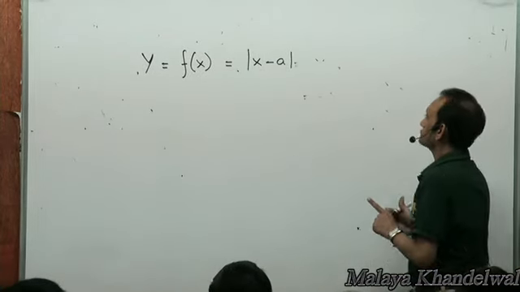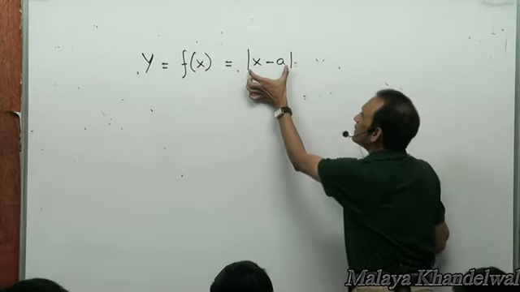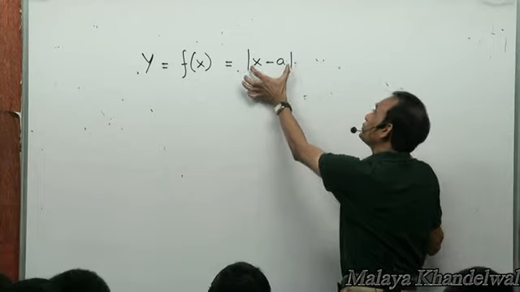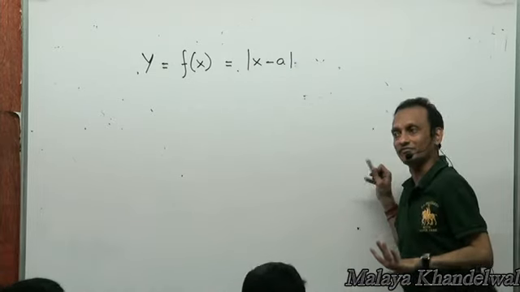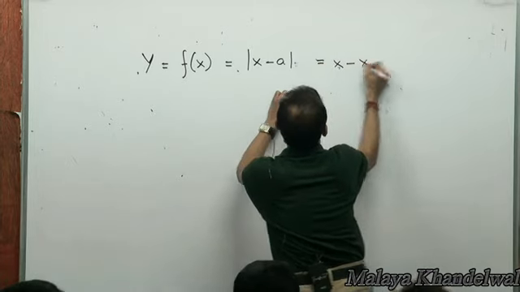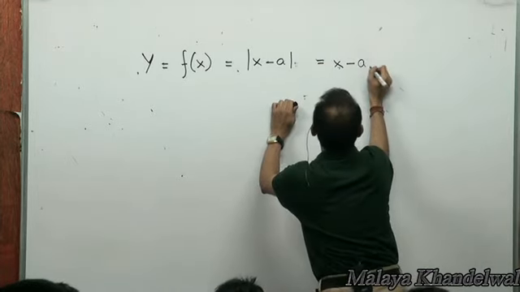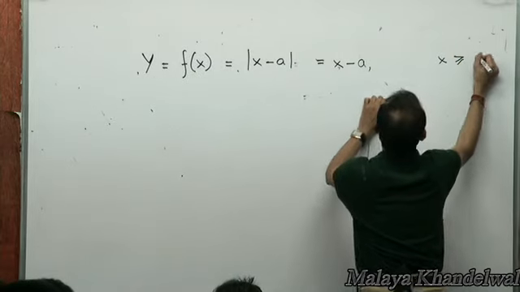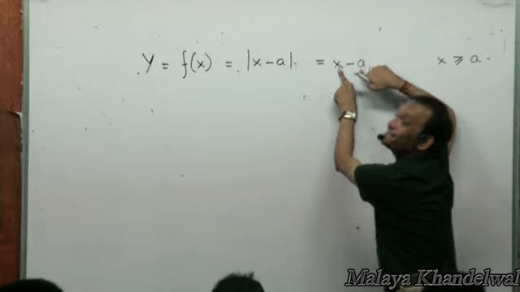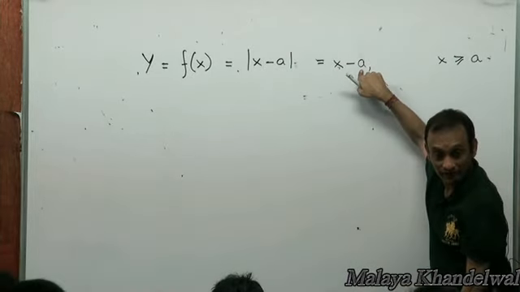Then, if the quantity inside is non-negative, the output of this operation would be the quantity itself. That means this will be equal to x minus a if x is greater than or equal to a. Because if x is greater than or equal to a, x minus a is non-negative, right?